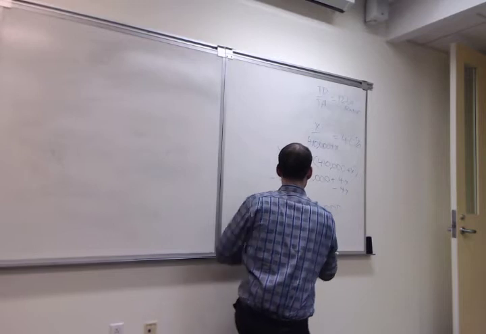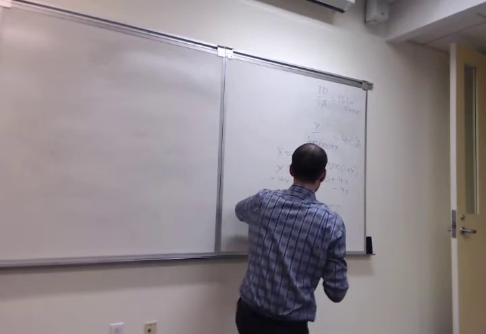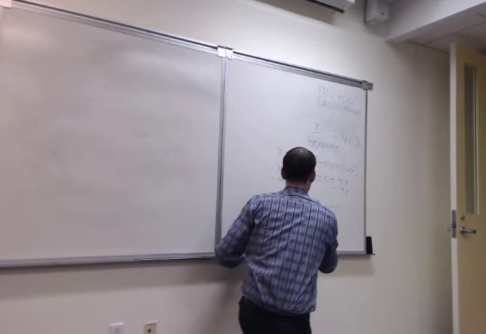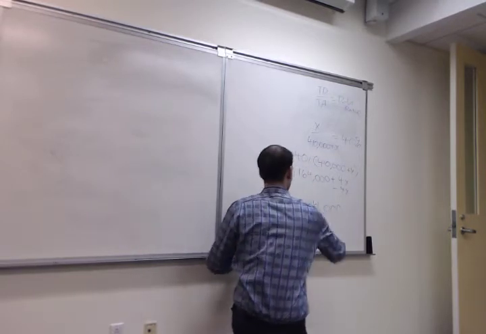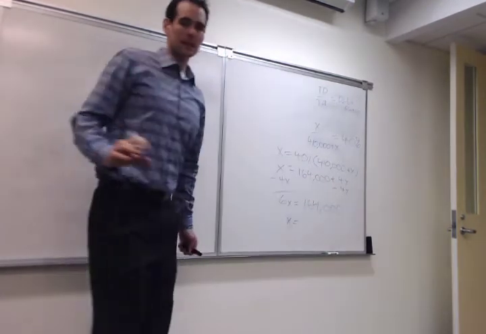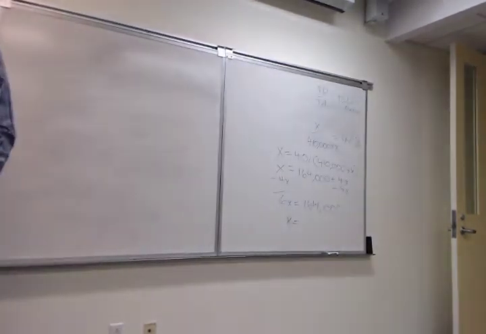So what's the last step we're going to do? Divide by 0.6. Yep, we divide by 0.6. So 164,000 divided by 0.6. Hit me with it.